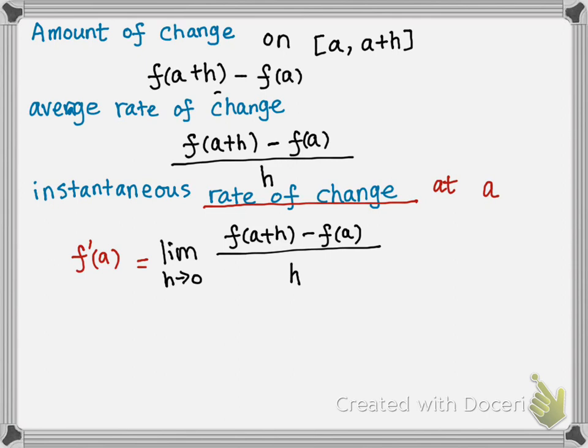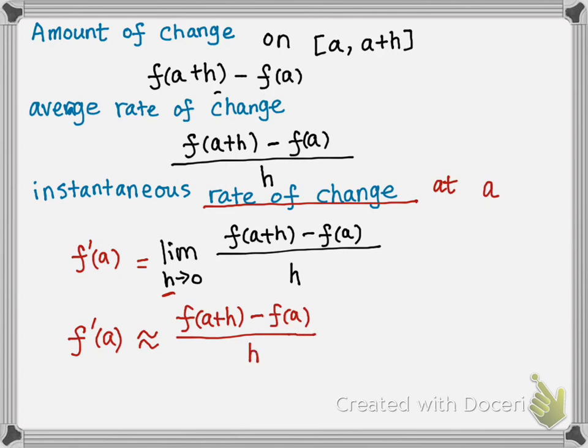And with this definition, we can see that what if we are not taking a limit, or what if the change h is small enough? When the change is small enough, from the formula we can say that f prime of a is approximately the quantity f of a plus h minus f of a divided by h.